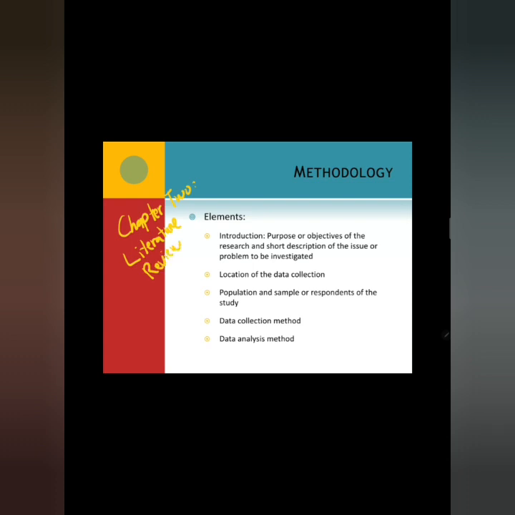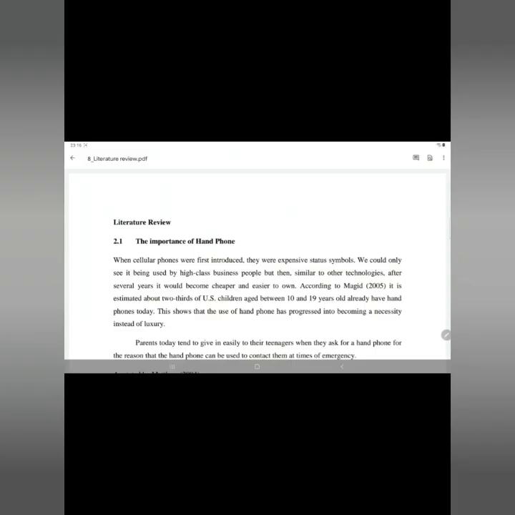Okay, chapter 2 is supposed to be the literature review. I'll show you what a literature review looks like. Okay, alright, so this is what a literature review probably will look like in your work.